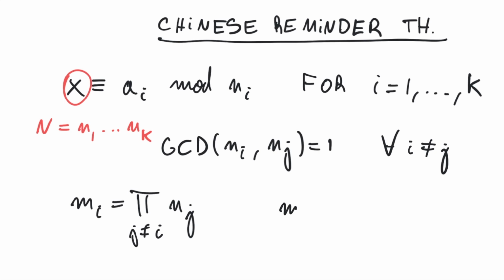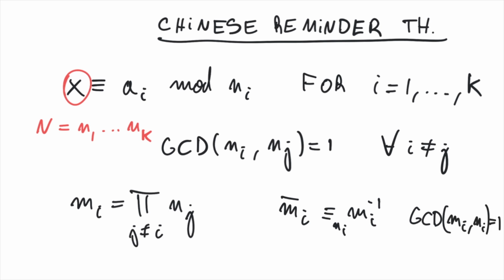Then we compute the inverse of these magic numbers, mod ni, which we can do because, of course, the greatest common divisor of mi and ni is 1.